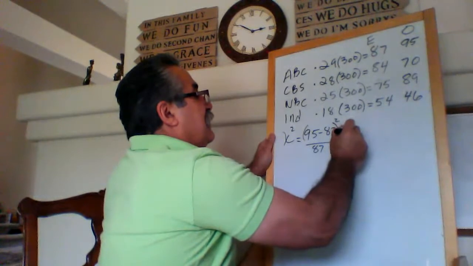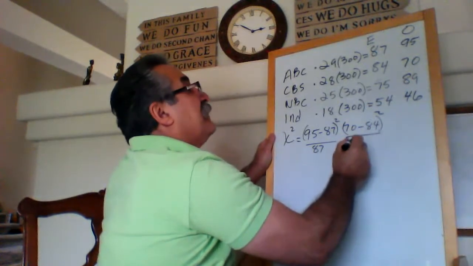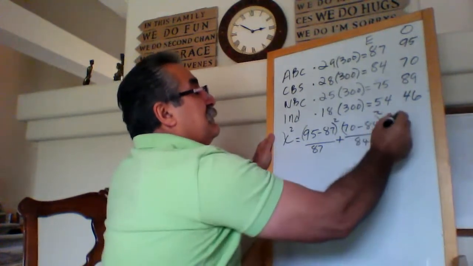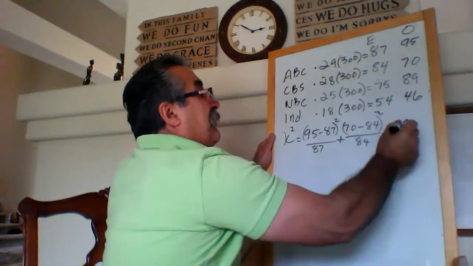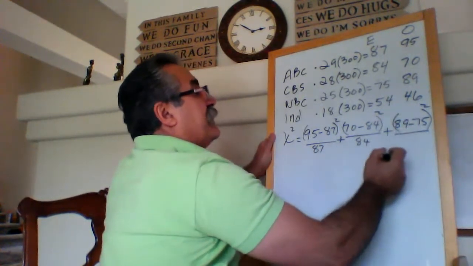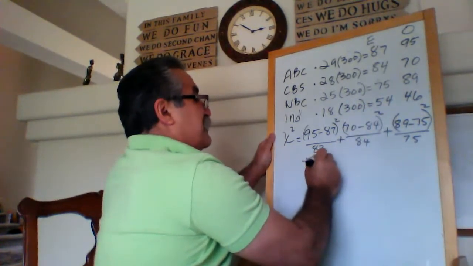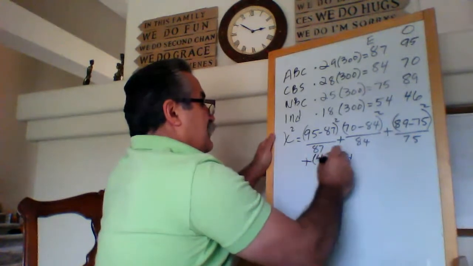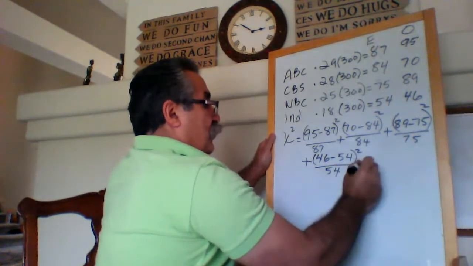70 minus 84 squared divided by 84, plus 89 minus 75 squared divided by 75, plus 46 minus 54 squared divided by 54.